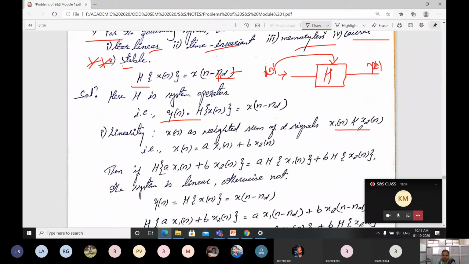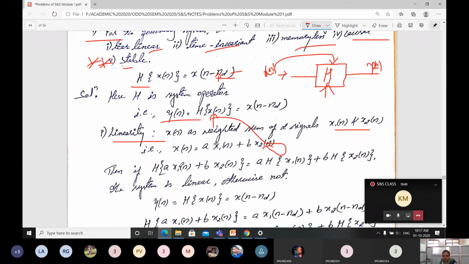If I consider x of n to be a x1 of n plus b x2 of n, and apply the operator h, that is h of a x1 of n plus b x2 of n, to find the linearity of the system.